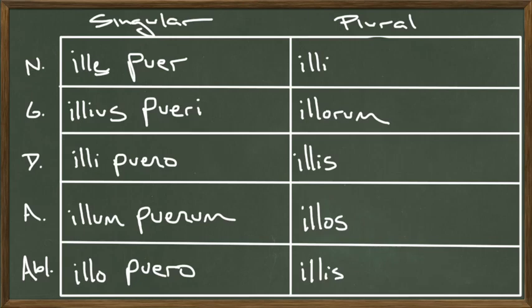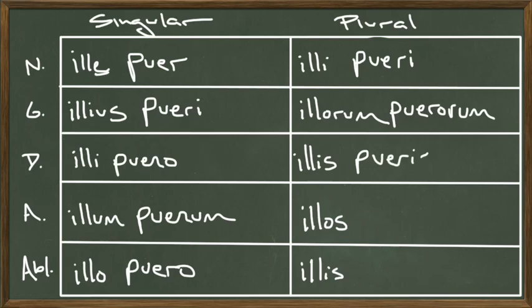Now to say those boys, we would say illi pueri, of those boys, illorum puerorum. To those boys, illis pueris. Those boys, as in I heard those boys, I saw those boys, I know those boys. Illos pueros.